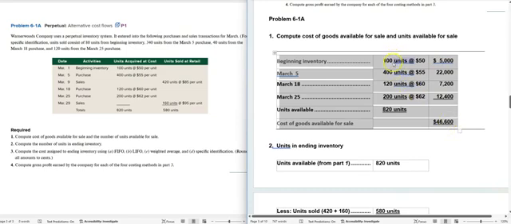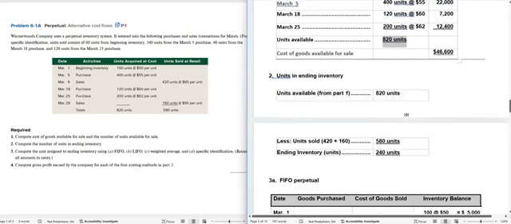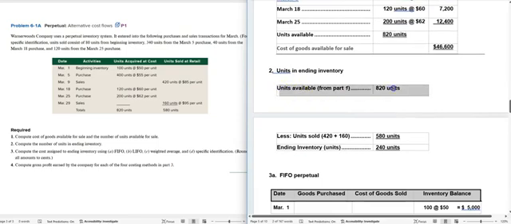Now, if we know throughout the month of March they had 820 units available to sell, and they've asked us to compute how many of those units remain in ending inventory, the difference between what we had available to sell and the units that we sold is going to be the units we have remaining at the end of the month.